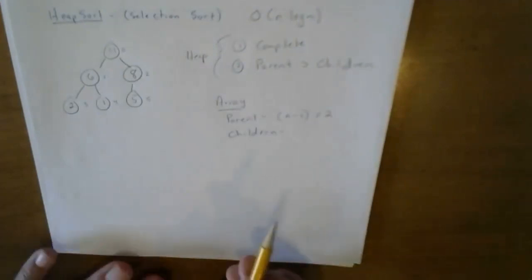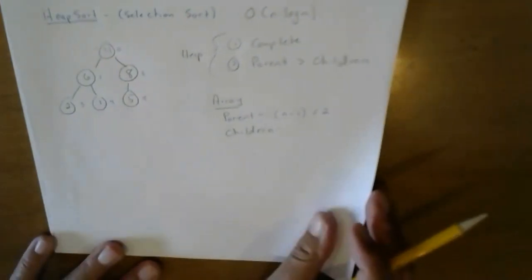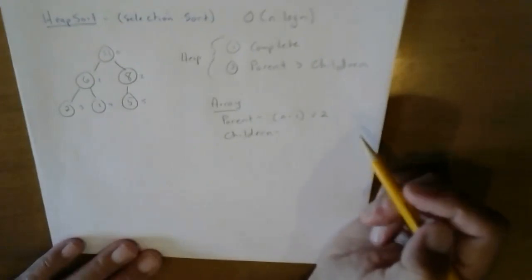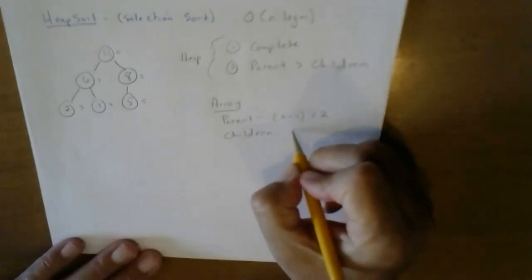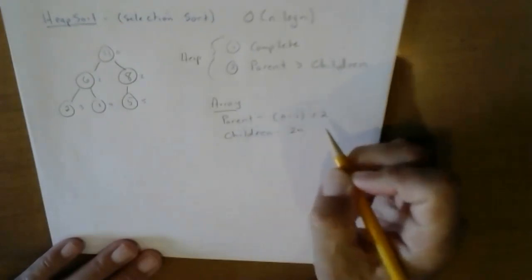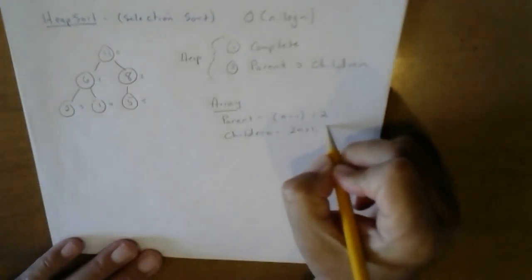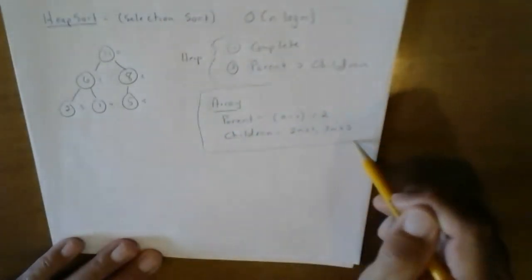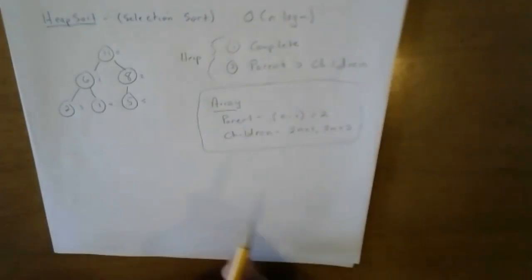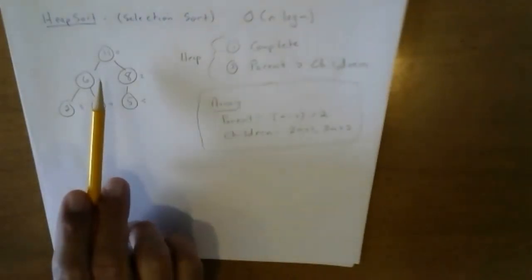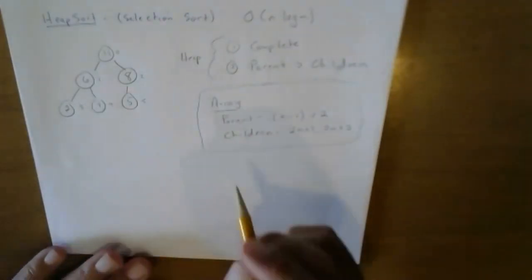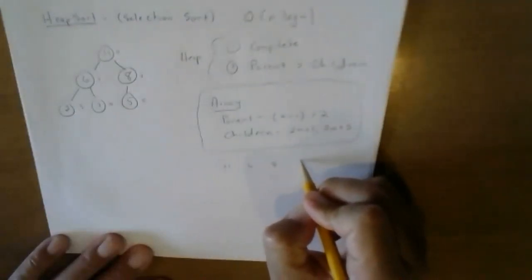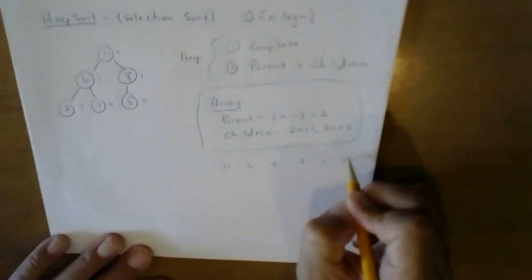Does anybody remember where the 2 children are? Going to be close to this. So 2n plus 1, 2n plus 2. Thank you. So when I'm looking in an array, if I have the array of elements and I wrote this array out, 11, 6, 8, 2, 1, 5.